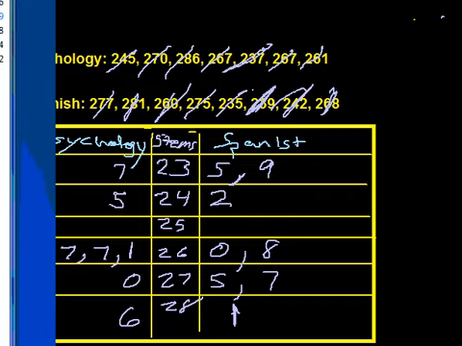Plus negative 0.9. So 5.6 is going to be smaller than 0.9.